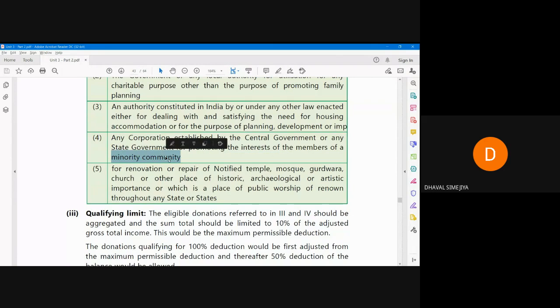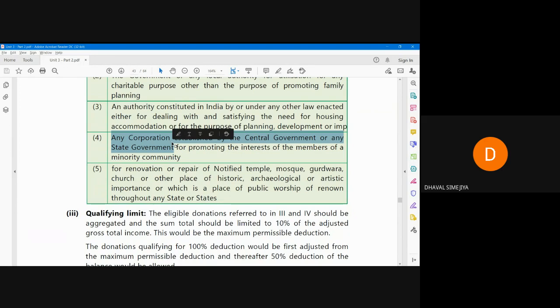Then if you donate to that corporation, it will be allowed as 50% deduction subject to qualifying limit.